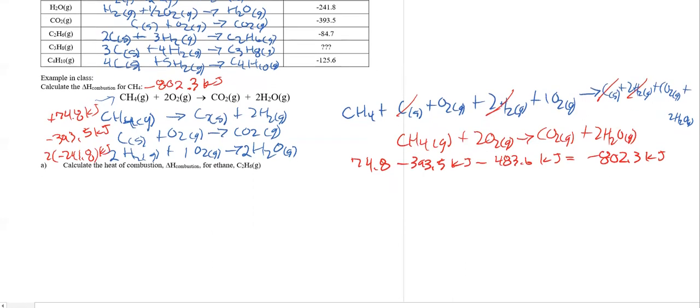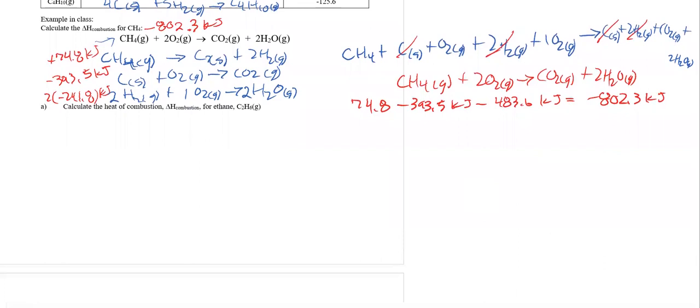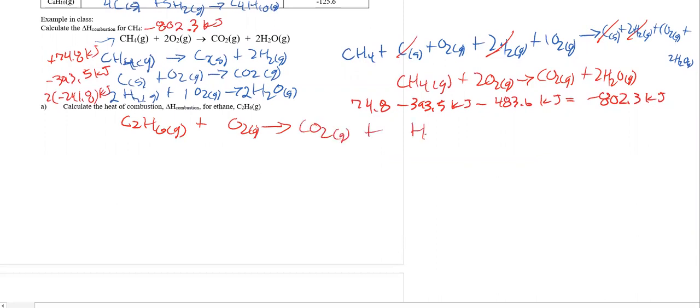All right. Looking at the C2H6, we're getting that same type of equation. We have C2H6 as a gas plus some number of oxygens going to CO2 as a gas plus H2O as a gas. Now, if this is H6, then that means I need 3 of them. I need 2 of them here. Total, I am going to need 5.5 O2s, right?